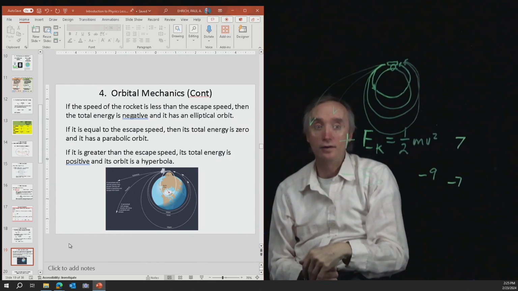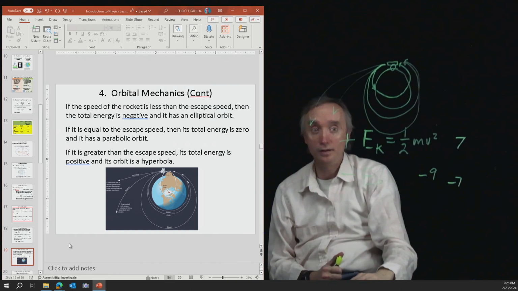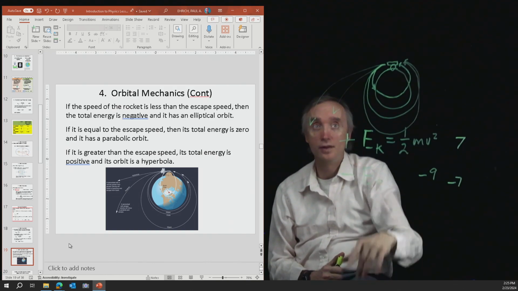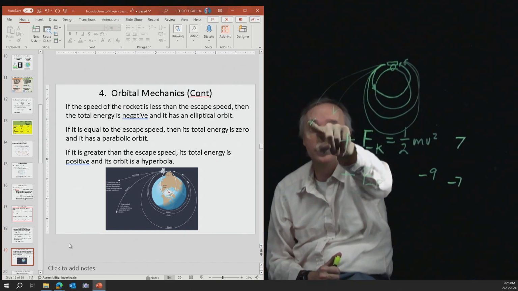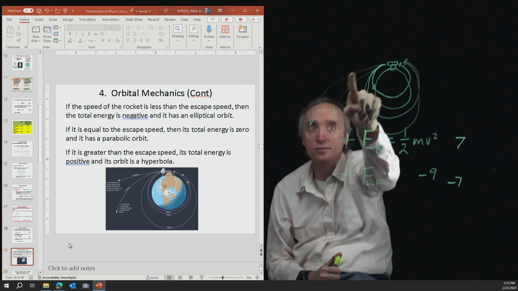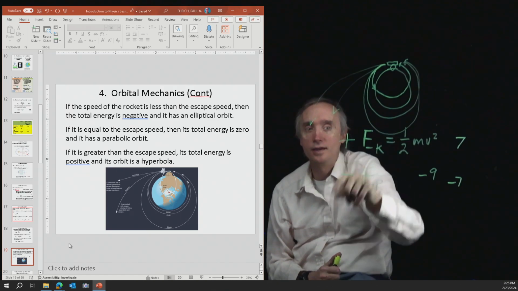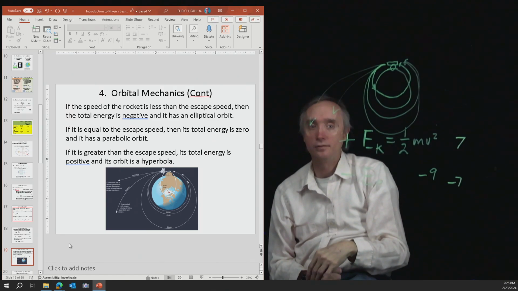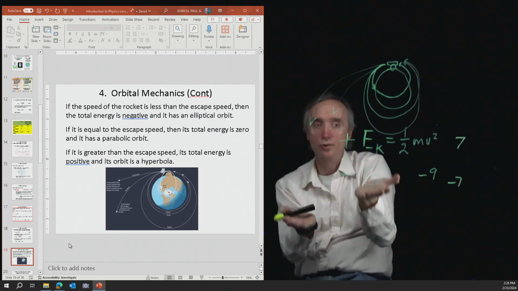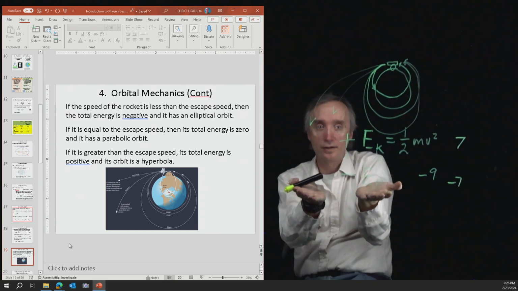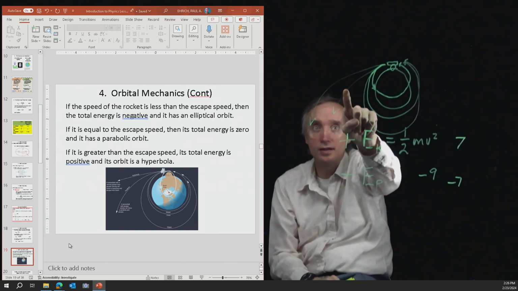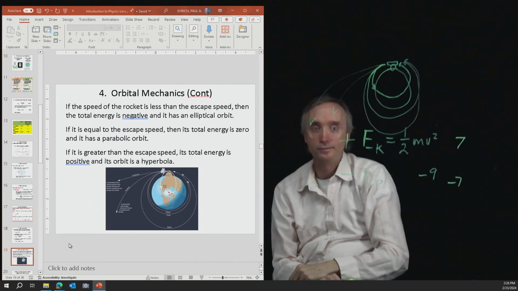If the speed is winning, then it's this one. You have more than enough speed to escape the gravity. And then what's the third possibility? It's if the 2 of them are exactly balanced, and that turns out to be this one right here.